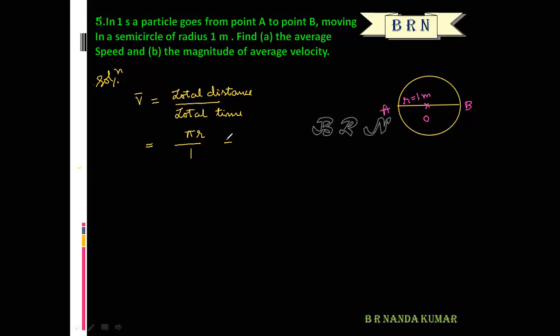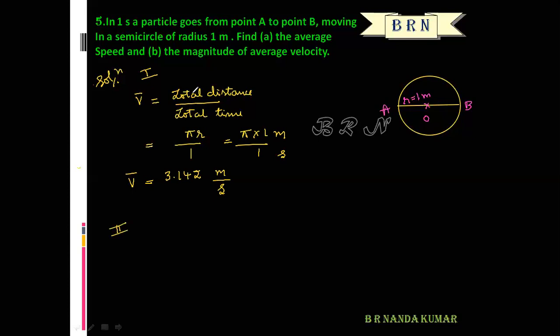R is 1 meter. So finally we will get pi meter per second. Pi value is 22 divided by 7, that is approximately 3.142 meter per second. This is the average speed. This is the first part.